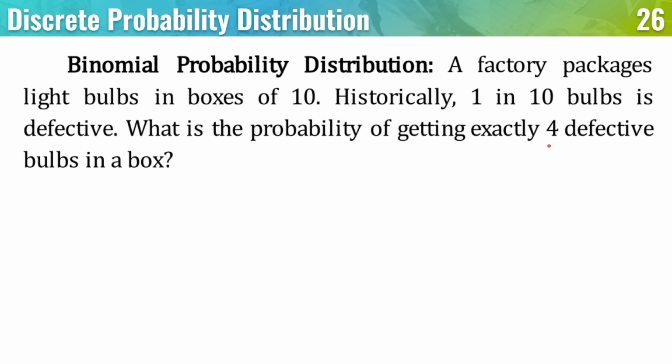We just know how many defective bulbs there are in a box, but we don't know how many boxes they actually bought. But we do know that we have 1 over 10. So this is our percentage. It's our probability. So we represent this as p is equal to 1 over 10 or 0.1. This is the probability of something succeeding, or succeeding to be defective. So 0.1 is the probability to be defective.